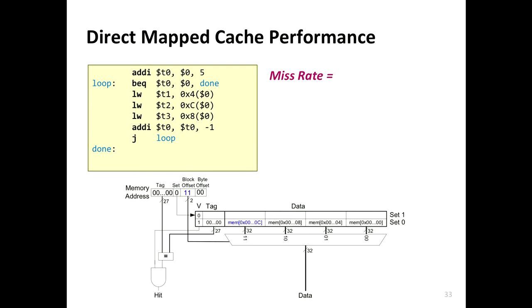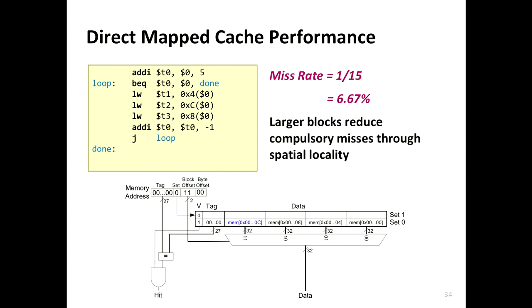Now, if you see here, 4, C, and 8 are all going to go into the same line, into the same set, which basically means that you only have one cache miss. When you try to access 4, you also access the neighboring blocks, so you have already filled up your cache set with 8 and C. So basically your miss rate reduces to a much lesser value.